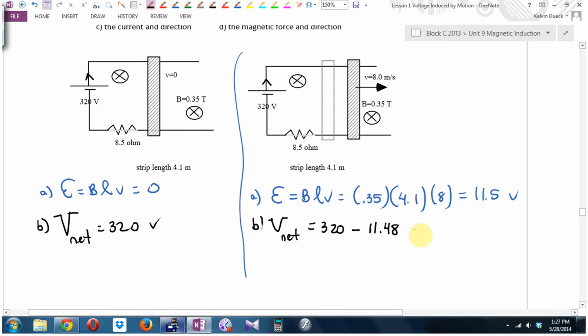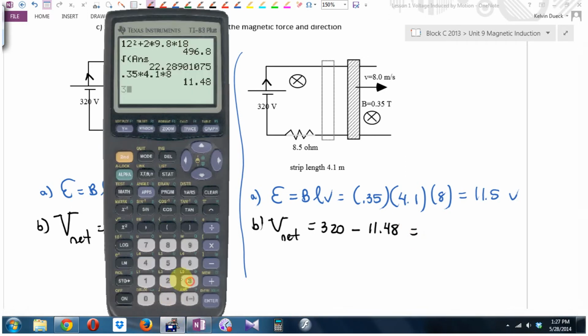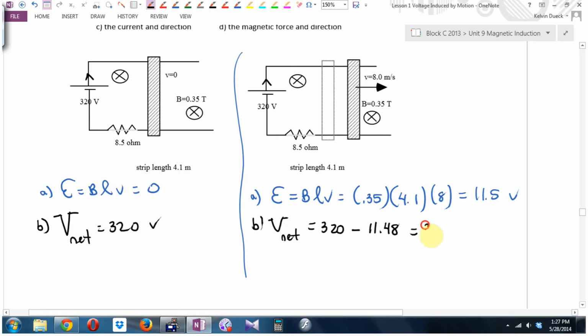It's going to be 309 volts. Heck, I'll even go 308.5. I'll go to 4 sig figs just this once.